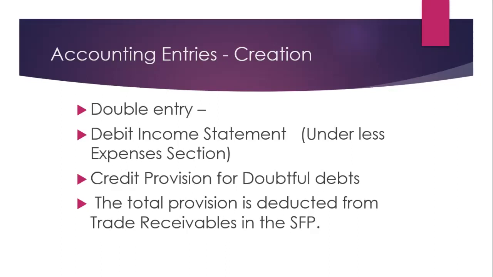So we have two entries: one is the double entry, and second, it is deducted from trade receivables. That's for creation, when we create the provision for the first time.